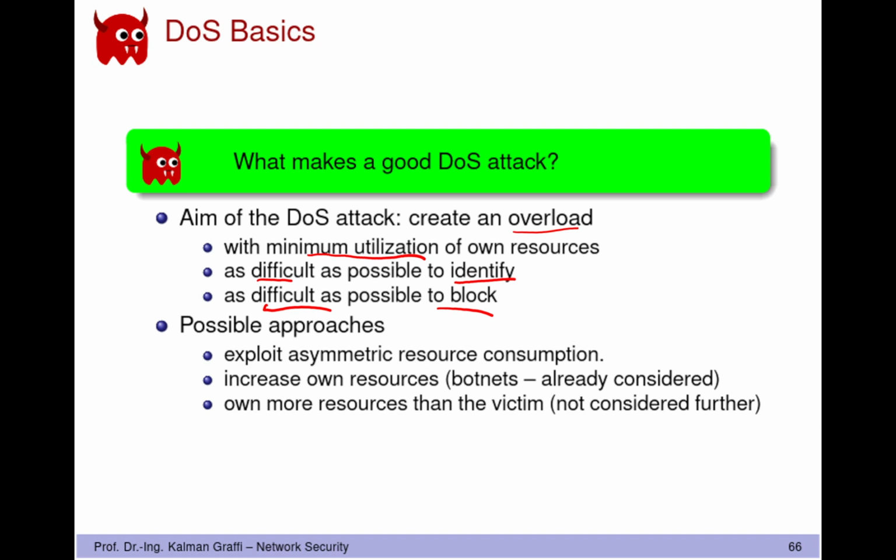You want to have some leverage. You want it to be difficult to identify, because if it's identified, then countermeasures can be activated. And even if it's possible to identify, it should be difficult to block, because blocking would also harm legitimate traffic.